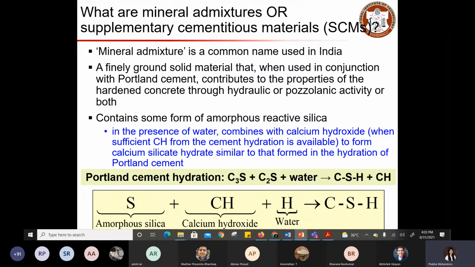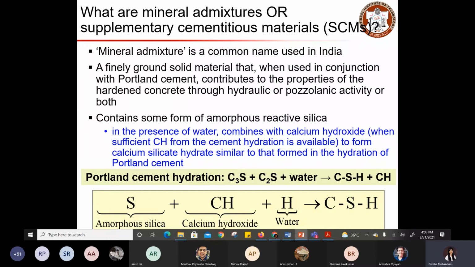By now you are all familiar with the need for mineral admixtures in concrete. We also call the mineral admixtures supplementary cementitious materials, or SCMs. The main role of these SCMs is to help you replace a certain amount of cement, so that wherever you need to reduce the cement content, this would be helpful.